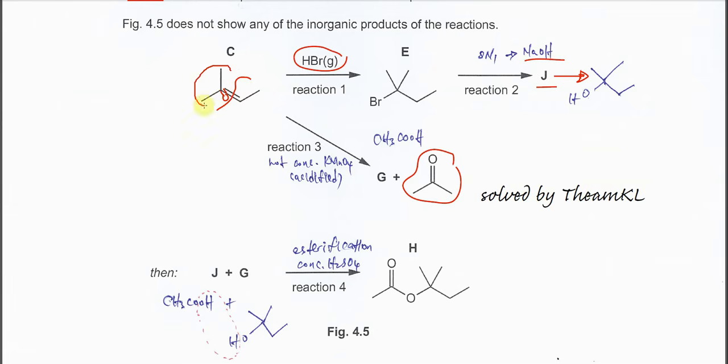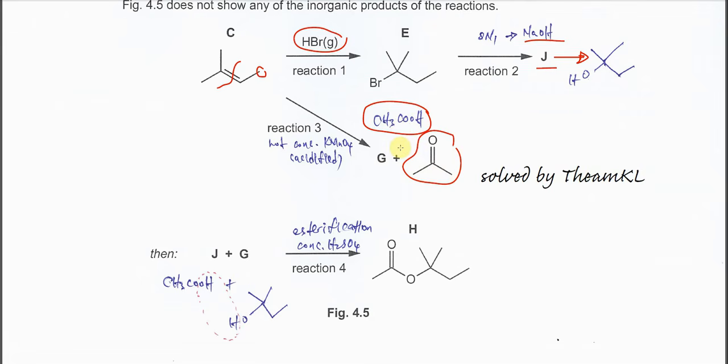So this one will form the ketone, the propanone, and another part, which means this part. So this is CH3, and this carbon will form COOH after it gets oxidized. So it will form ethanoic acid. So it forms two products. It forms the propanone and the G. G is the ethanoic acid.